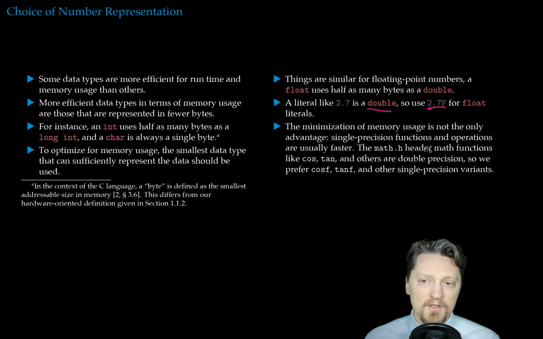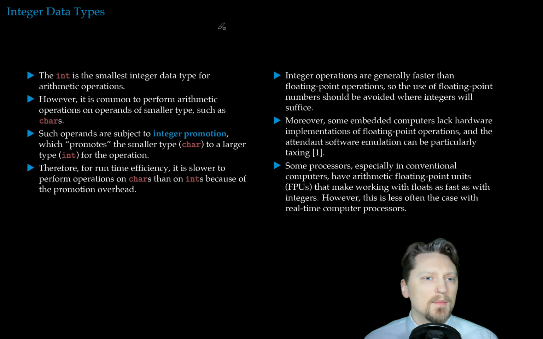The math.h header math functions like cosine and tangent and others are double precision. So we prefer cosf, tanf, and other single precision variants which have f at the end of the regular function call. Integer data types.